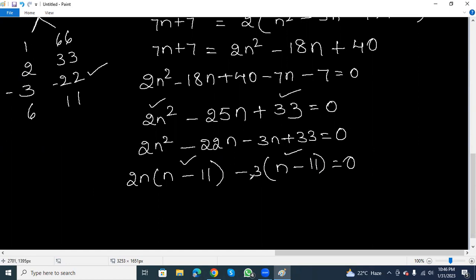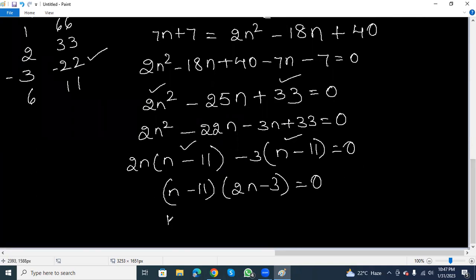So this n minus 11 can be written one time and the rest of the factors, 2n minus 3, is equal to 0. That means n is equal to 11 or n is equal to 3 by 2. So we'll take n is equal to 11 as the answer.